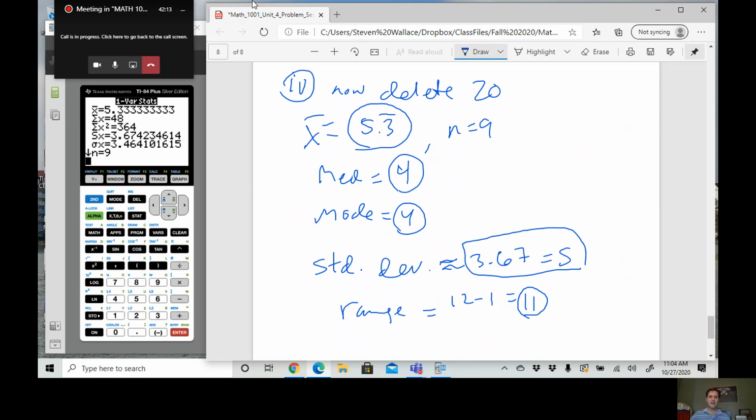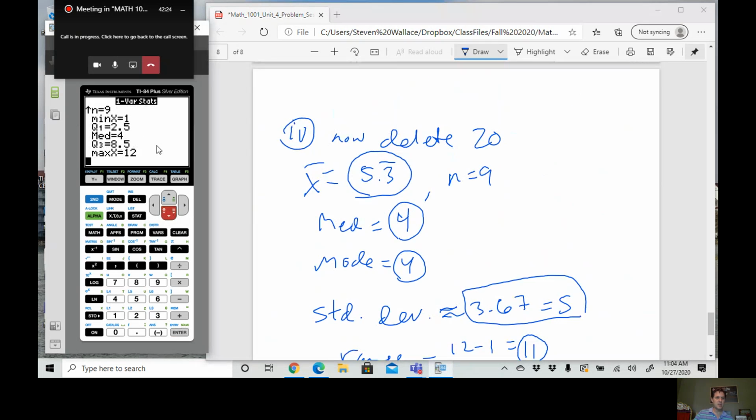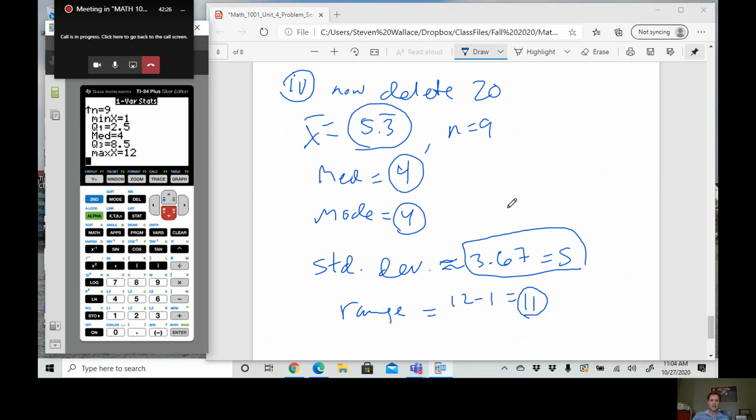So when you take away an extreme value, or maybe an outlier, in the case where you get data that's wildly ridiculous, if you take those out, then it can affect your mean and your standard deviation quite a lot.